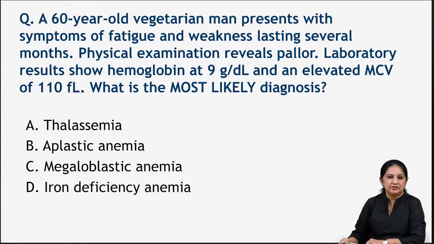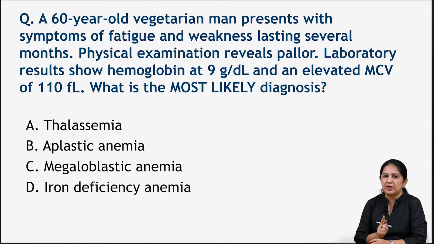A 60-year-old vegetarian man presents with symptoms of fatigue and weakness lasting several months. Physical examination reveals pallor. Laboratory results show hemoglobin of 9 and an elevated MCV of 110. Now they have asked you what is the most likely diagnosis. See, in such questions I have always told you, go through the question thoroughly.